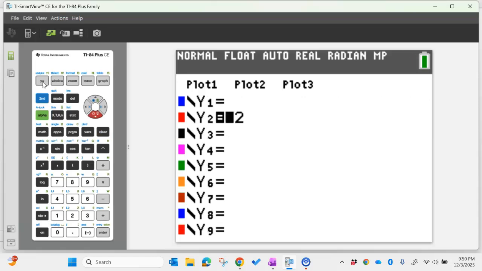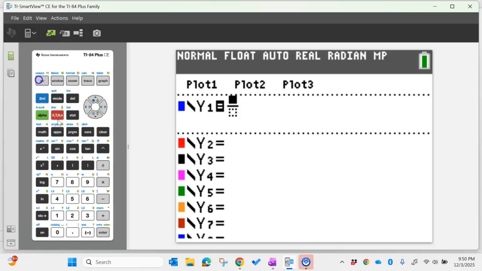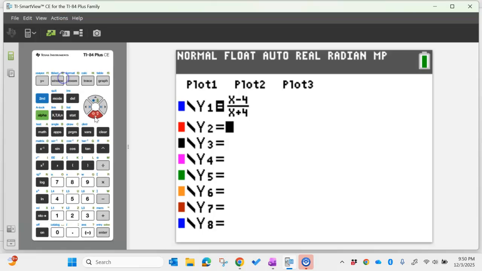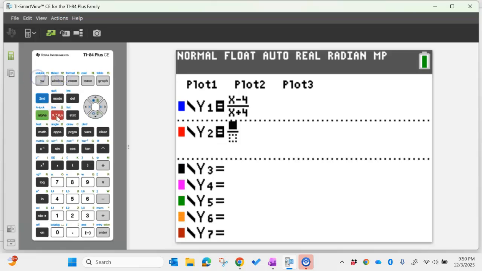I'm going to put my fraction in, and again, we're going into y equals, and we're just going to put in here x minus 4 over x plus 4. Remember to get that fraction thing that I've got there, you do alpha x right next to it, and that'll get it. If that doesn't work on your calculator, you can also try alpha y equals and hit enter, and that should get it for you as well.